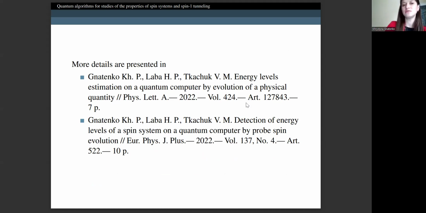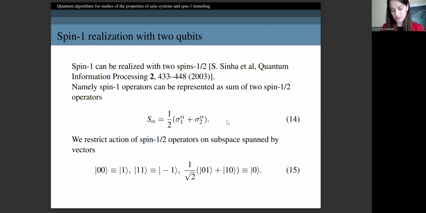So what about another problem? We also studied spin-1 tunneling on a quantum device. So we proposed a quantum protocol for studies of this effect. First of all, I have to discuss the spin-1 realization on a quantum device with qubits.